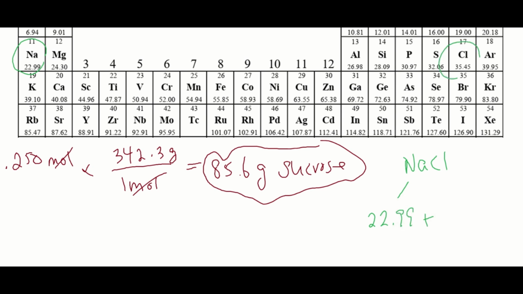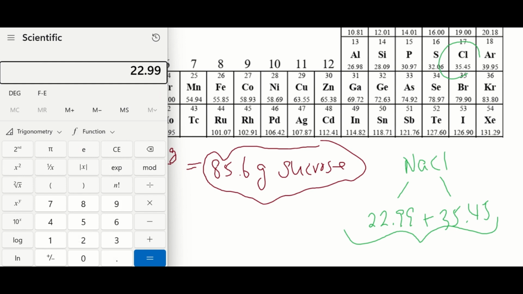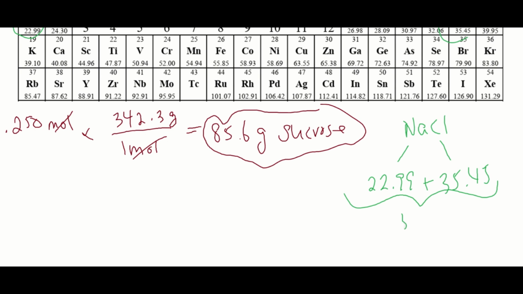And we'll add that to chlorine, 35.45. So the molar mass for sodium chloride is 58.44 grams per mole.